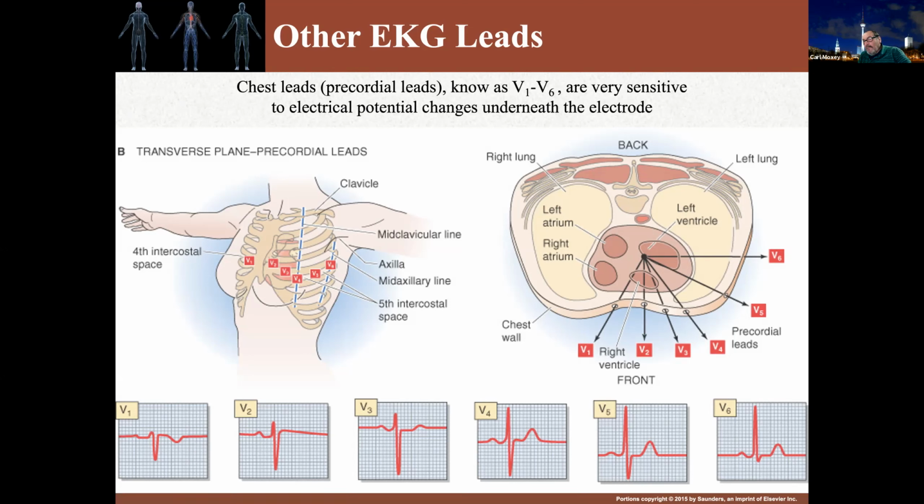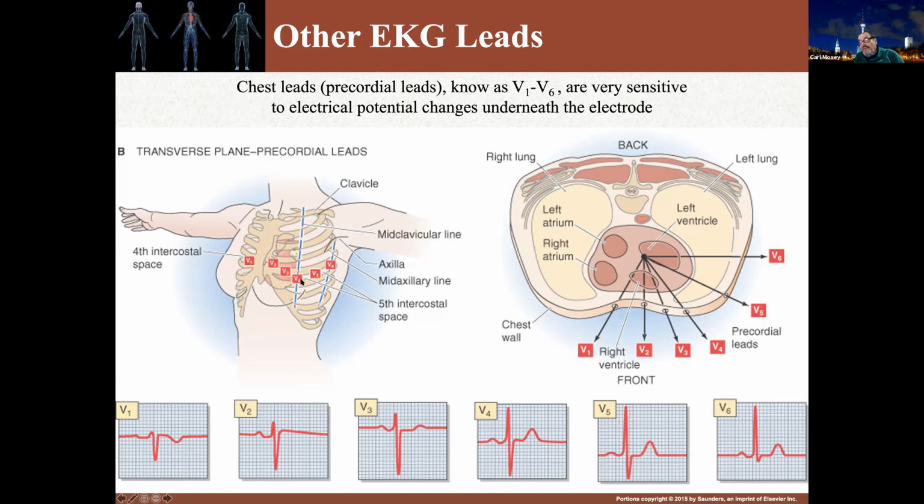V1, the electrode for V1 is attached to the pad here, which is located just to the right of the sternum in the 4th intercostal space. And V2 is on the other side of the sternum, the left side of the sternum, again in the fourth intercostal space.